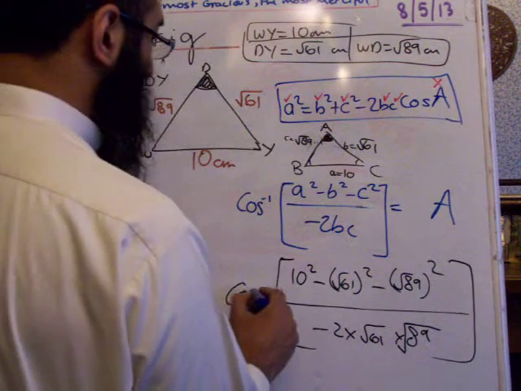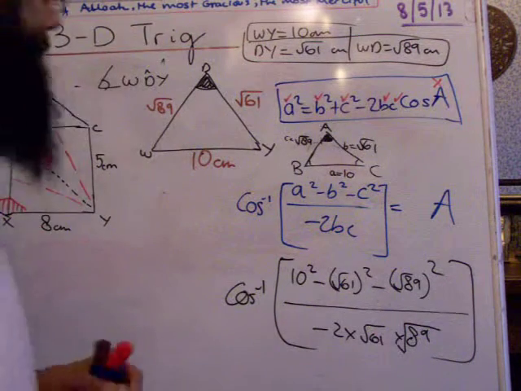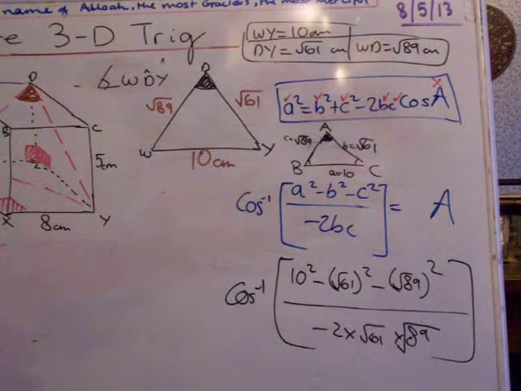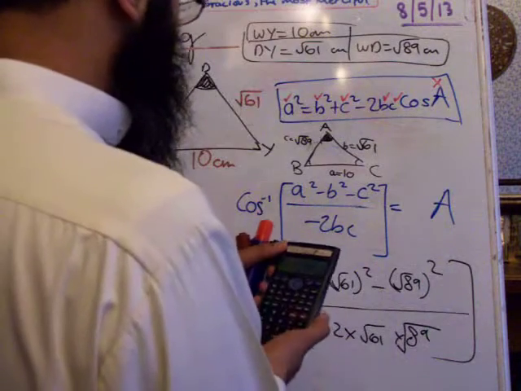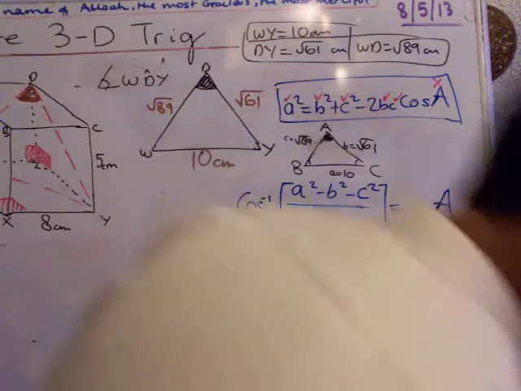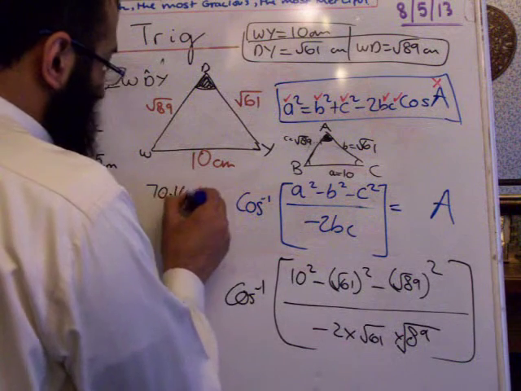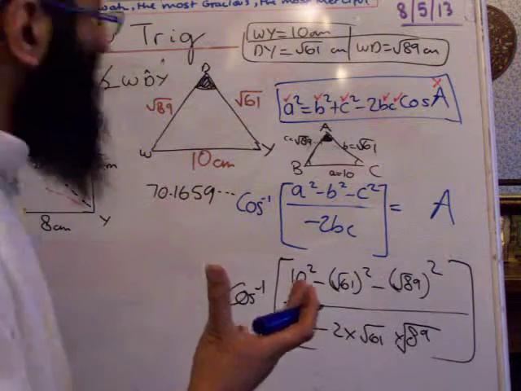The answer to all that is 70.1. No, it's 70.2. Let me have a look at the original value, please, folks. So we got 70.165. Let's write that down. So we got 70.1659 something, the calculator answer.